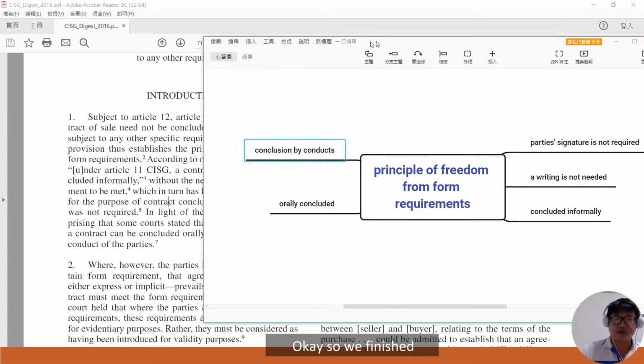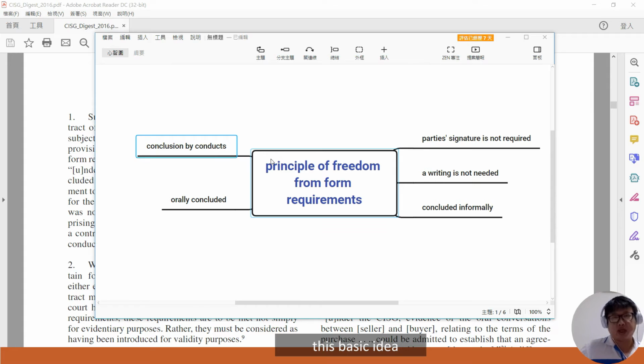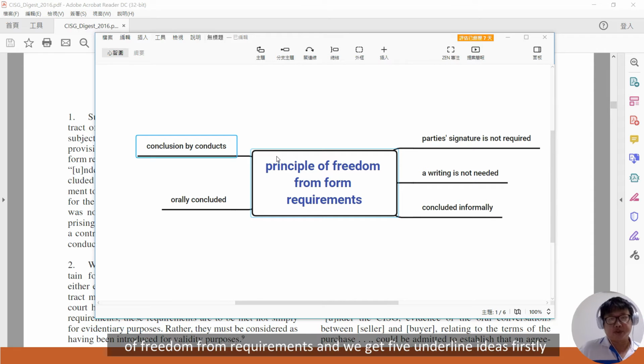Okay, so we finished the basic idea and the content and underlying ideas of the principle of freedom from form requirement, and we get five underlying ideas.